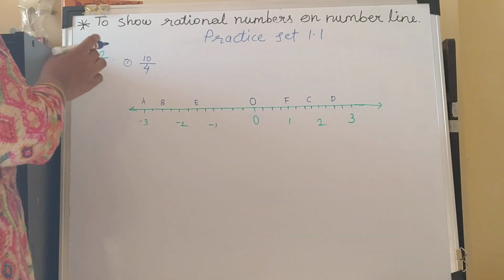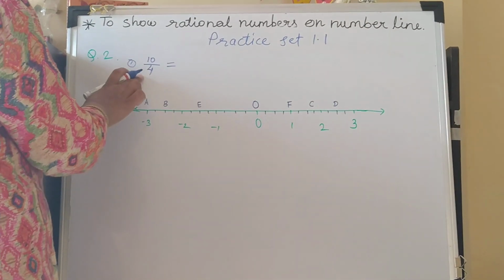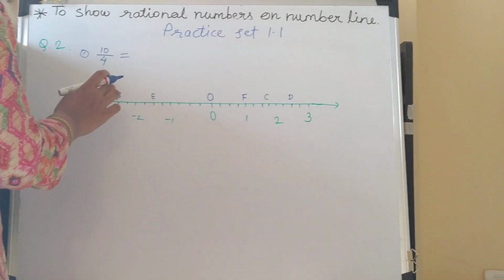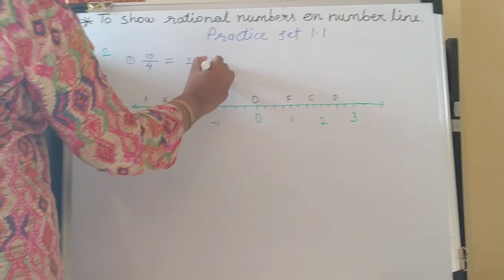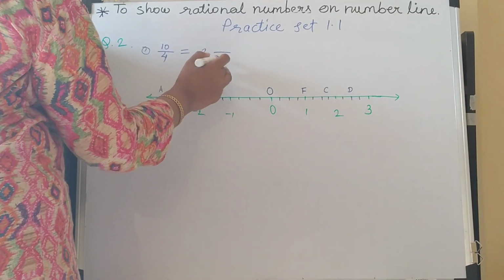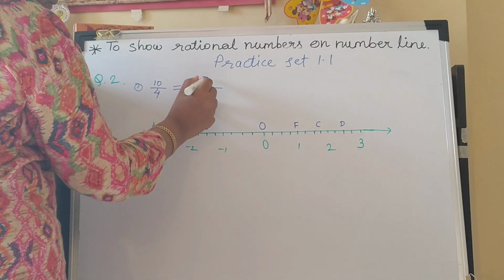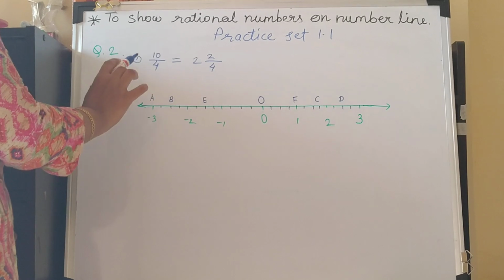Now directly we can't write it like this, so we can convert it. This is also a correct answer, but we can convert it into a mixed fraction. See, if you write like this, 2 fours are 8, 8 plus 2, 10. Now we can show this number like this also.